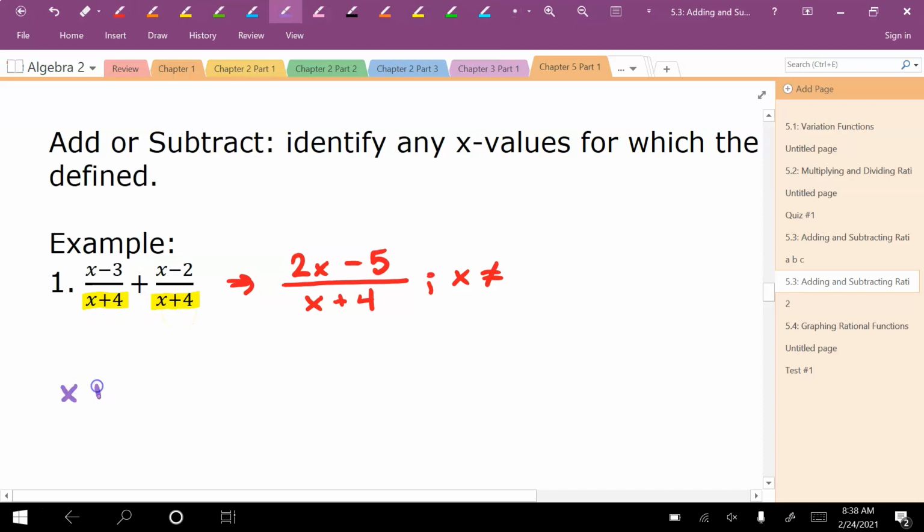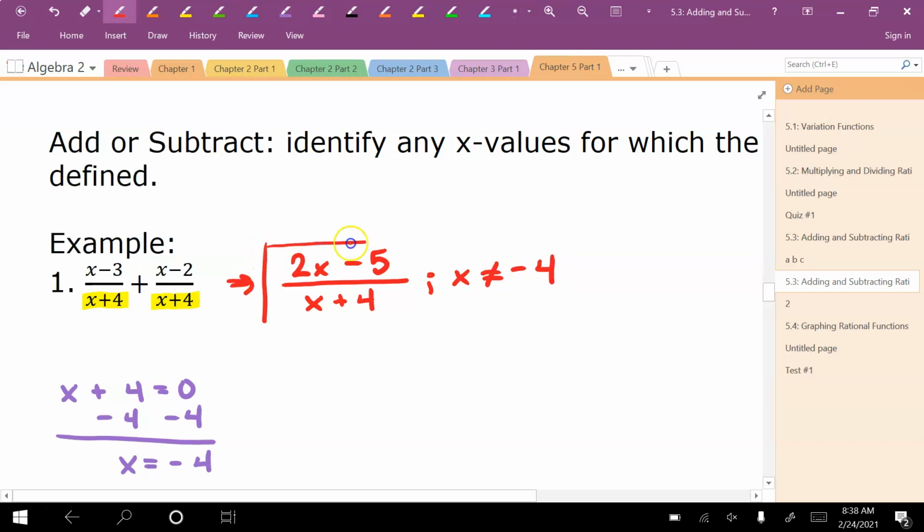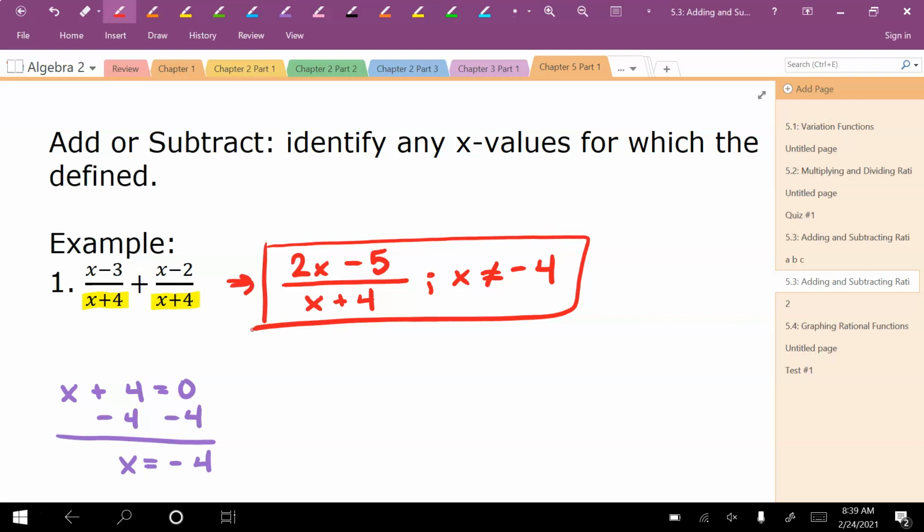If you think about setting that equal to 0, if I subtract 4, I get negative 4. That's what would cause it to be equal to 0 on the bottom. So that means x cannot equal negative 4 for this problem. Like I said, you did this for multiplying and dividing as well, where you had to find those undefined values.